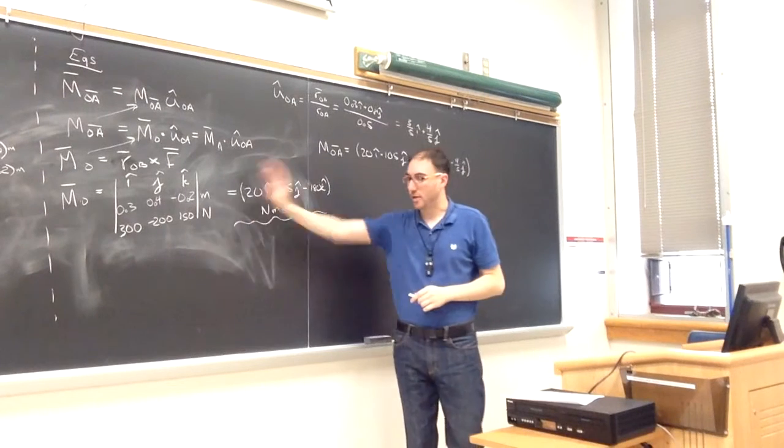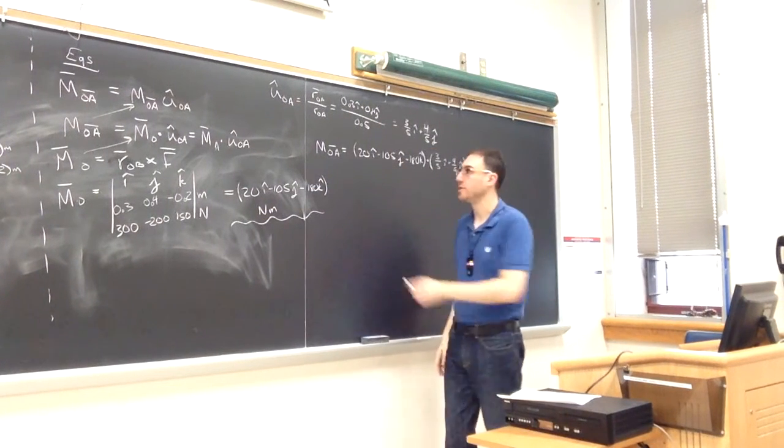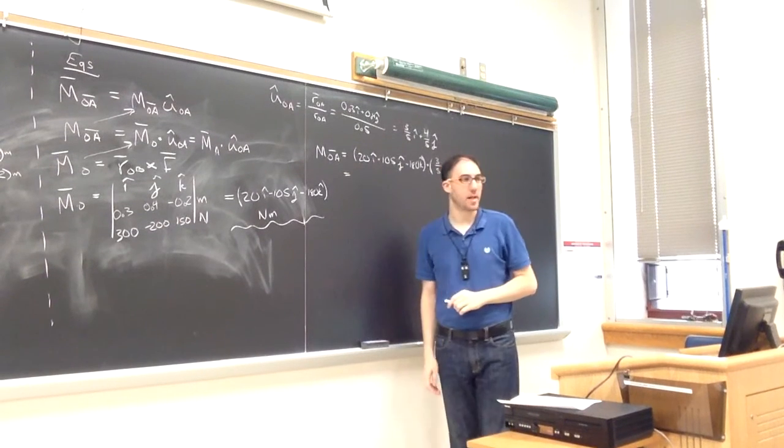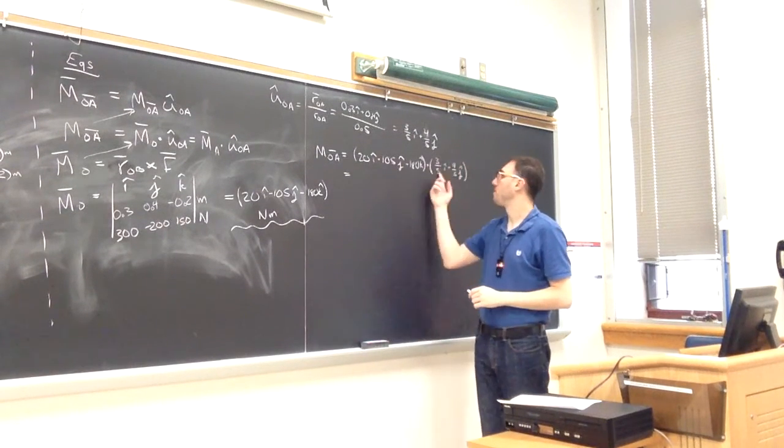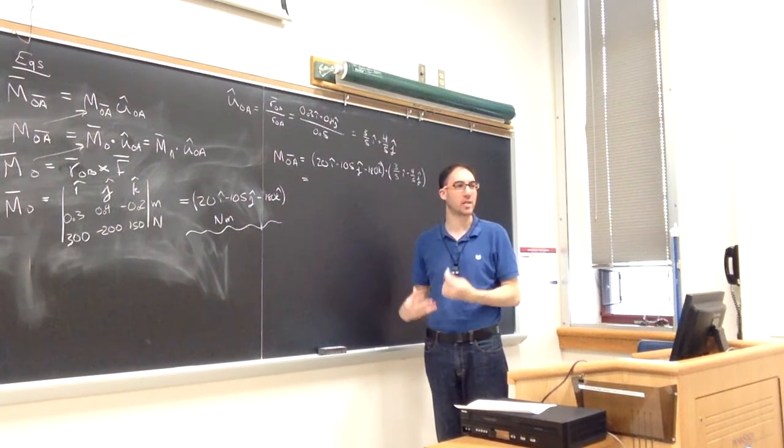We did the cross product. Now we have to do a dot product. They're different operations. So remember, for the dot product, we multiply the like coefficients and then add them together and get a scalar result.